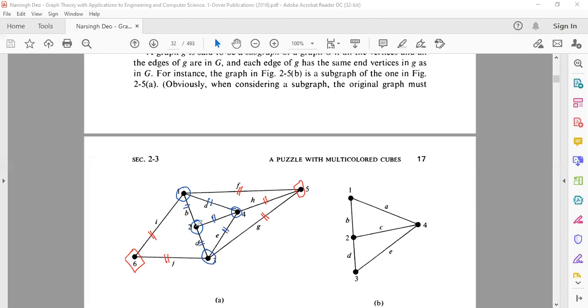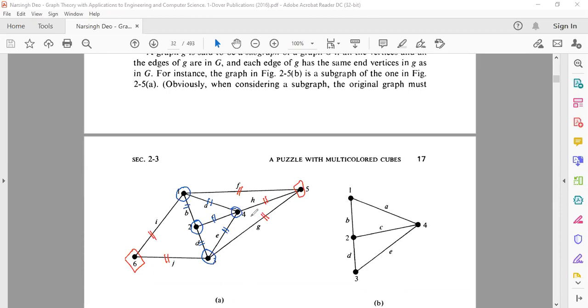If I retain this, you are going to be left with this particular structure, which is B. Then you see that the connectivity of the vertices with respect to some edges has not been distorted. The same connectivity has been retained.